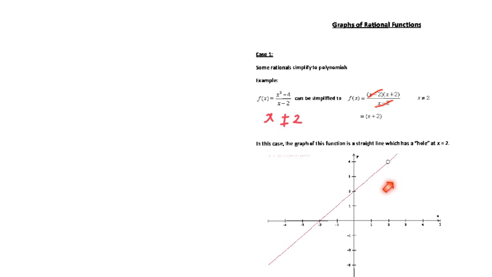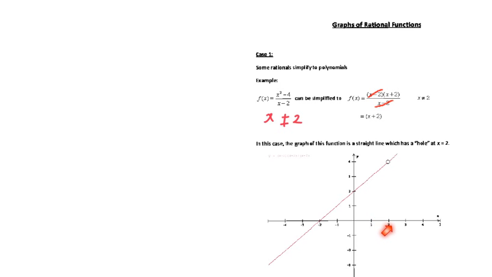Now why is this a problem? Because we know in the original restriction that x can't be 2. But if we look at the line, there is no restriction on the x. X can be any real number. So what we do then is we have to place a hole at x equals 2.